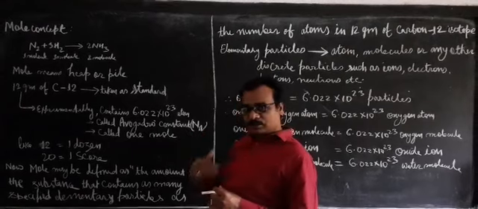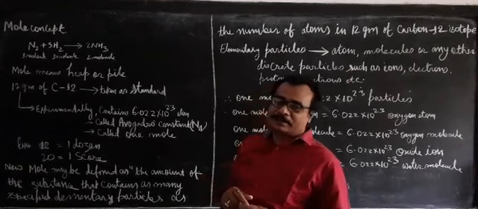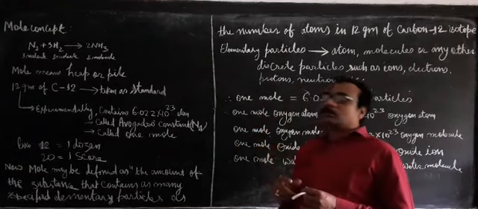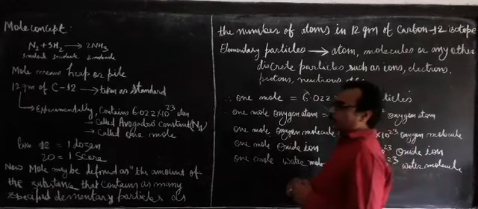Earlier we explained atomic mass by comparing it to the 1/12th part of carbon 12, which was taken as the atomic mass unit for carbon in comparison to hydrogen.